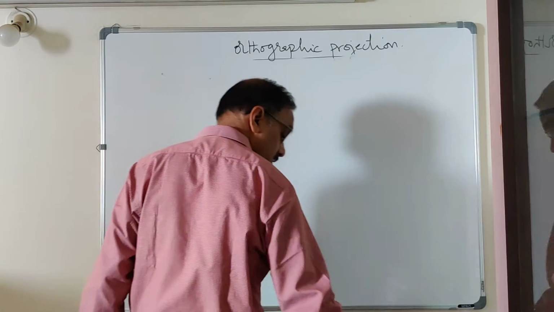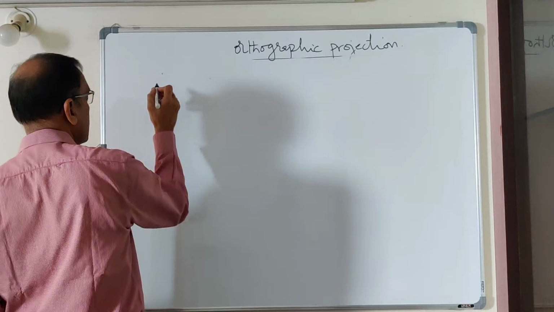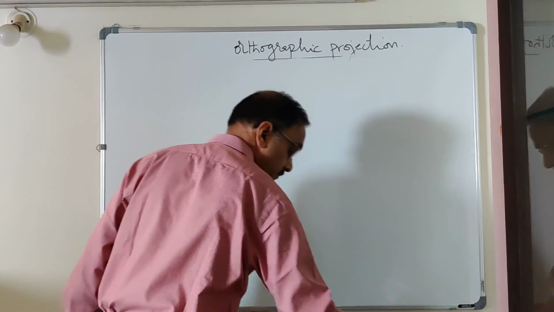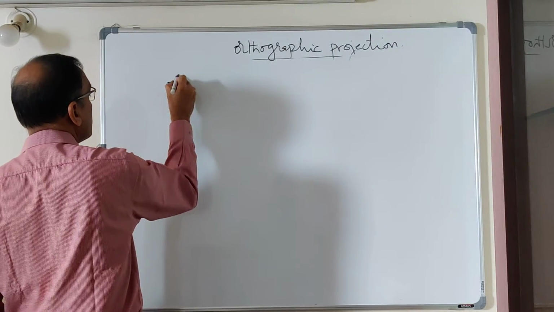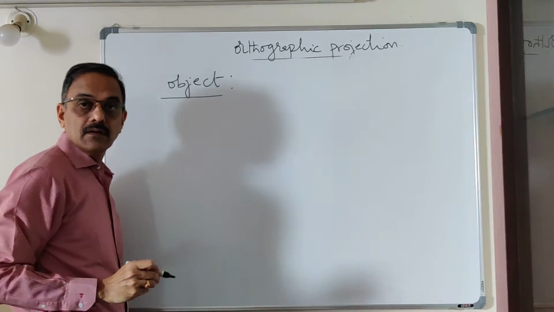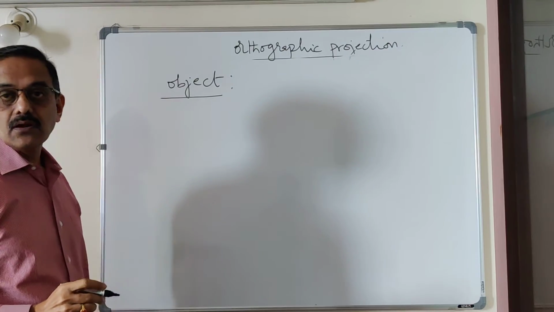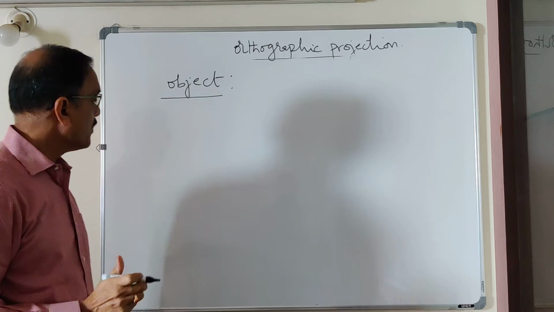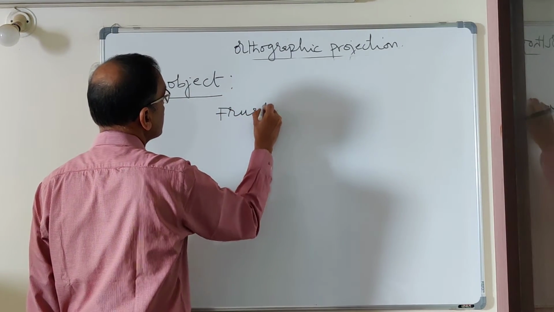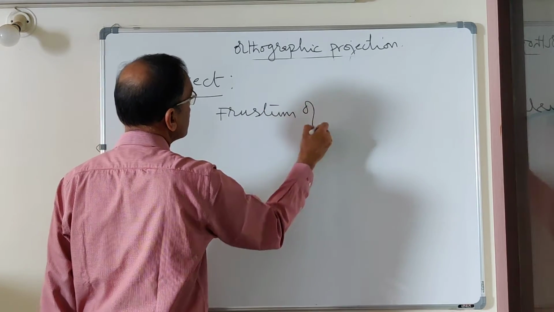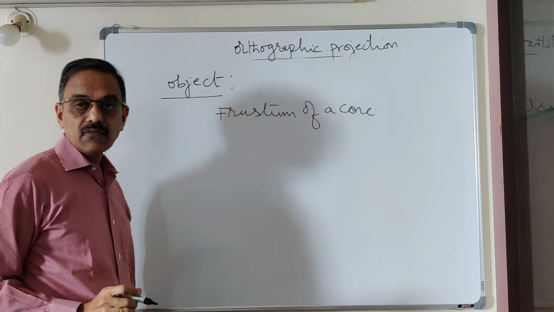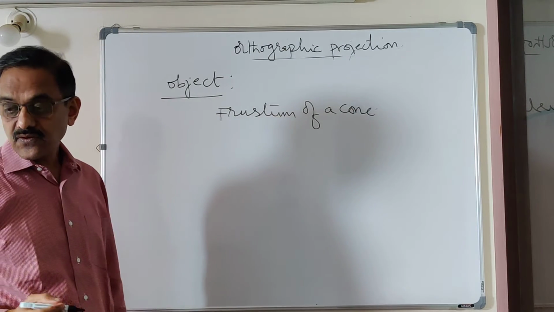What is the object selected for giving the symbol for the orthographic projection? The object selected is called frustum of a cone. What is frustum of a cone?